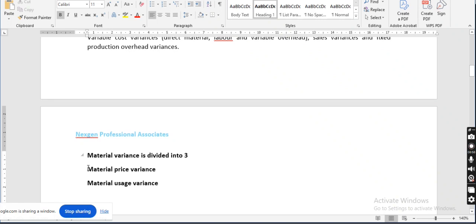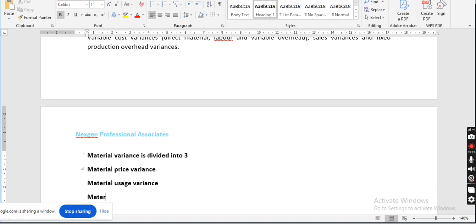Class, understand this thing. I don't have any formula. The only formula I have is for you to understand the formula. Material price is you are comparing your price, your standard and your actual. Material usage, you are comparing your consumption, what you consume during production, your standard and your actual.